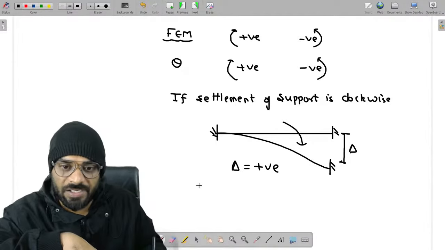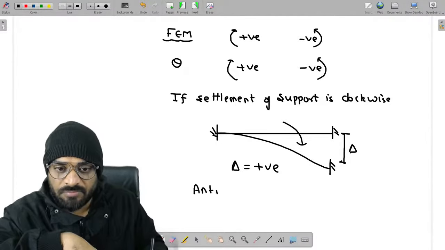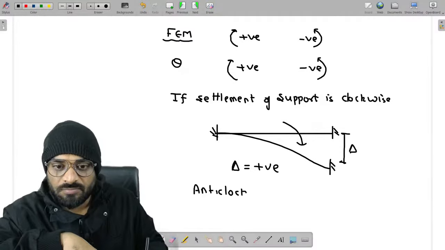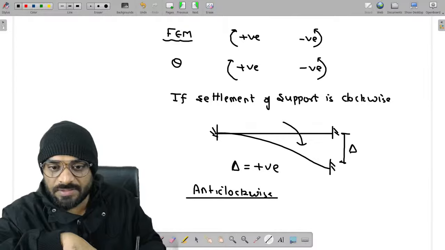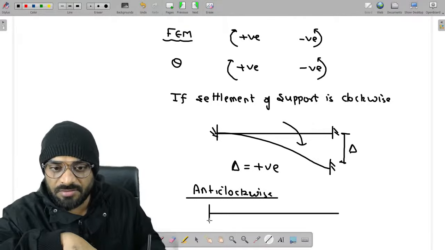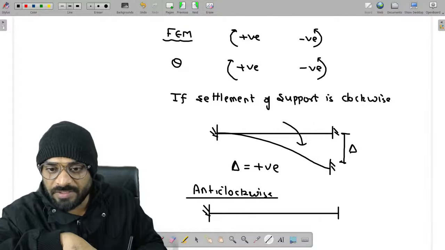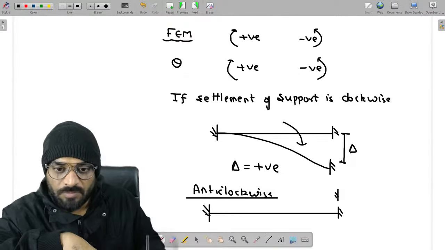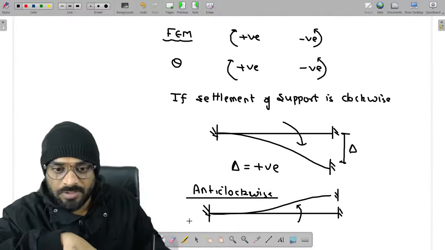If it is anti-clockwise, then the settlement will be like this, and our delta value should be negative.